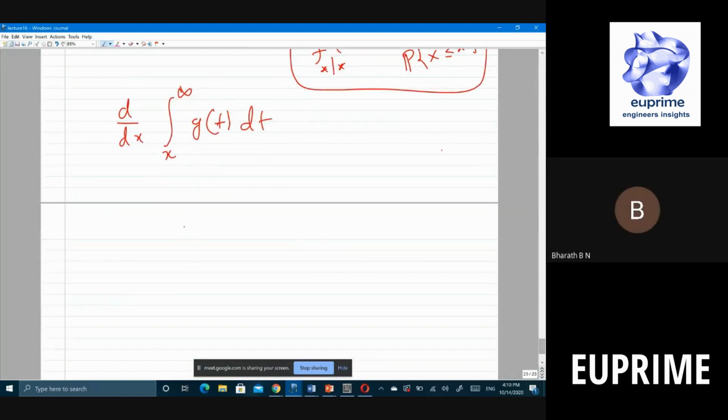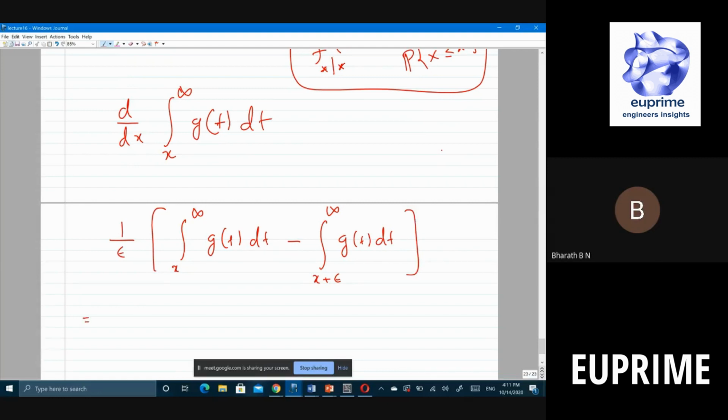What is the derivative? It's the integral from x to infinity of g of t dt, minus the integral from x plus epsilon to infinity of g of t dt, divided by epsilon, and you take the limit of this.